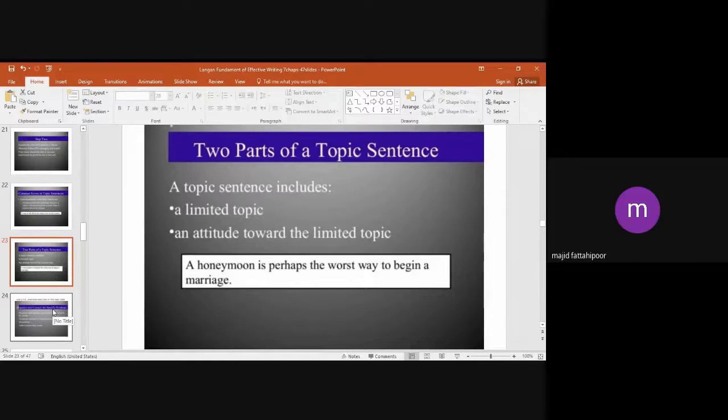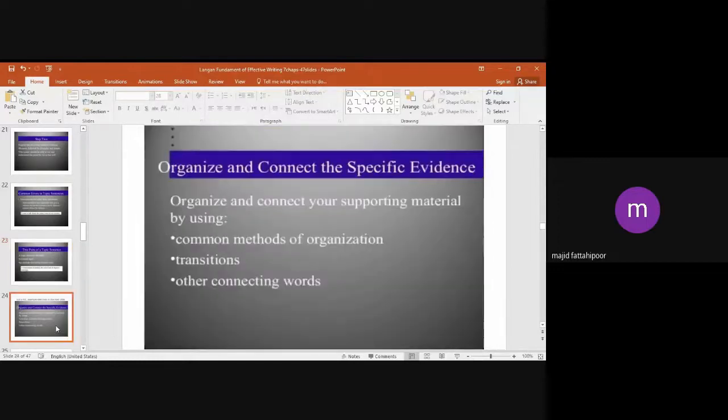Everyone can write a topic sentence which is smart. The only condition is that you limit the topic and give an attitude towards the limited topic. That's all. It's as simple as that, but many people do not pay attention to this simplicity and only do it partially. That's why the writing gets boring.